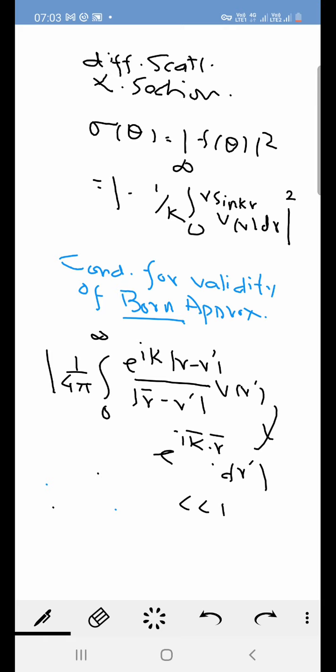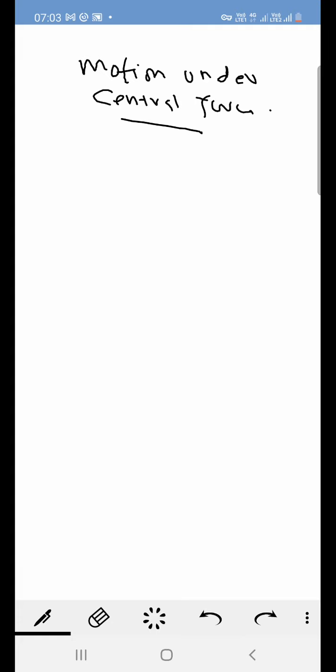Okay, so the next topic that we will take up in the mathematical physics section is motion under central force. Now, what is actually a central force?